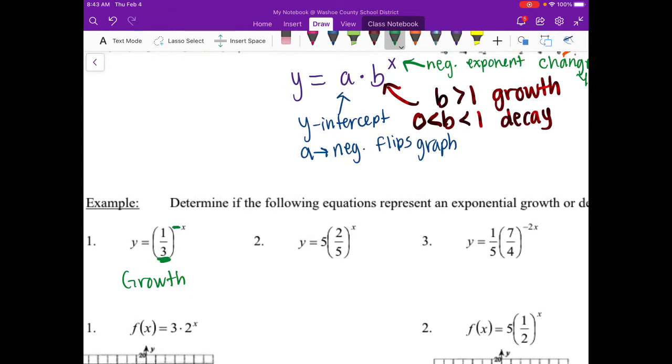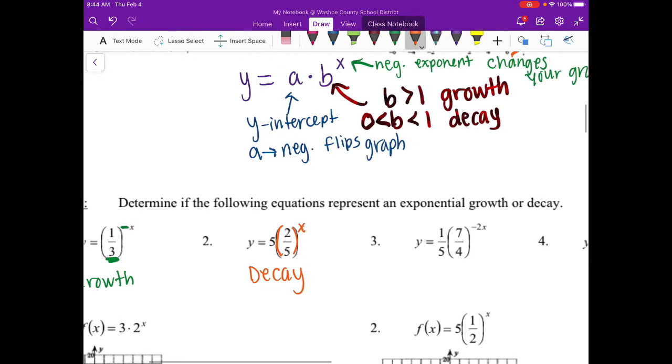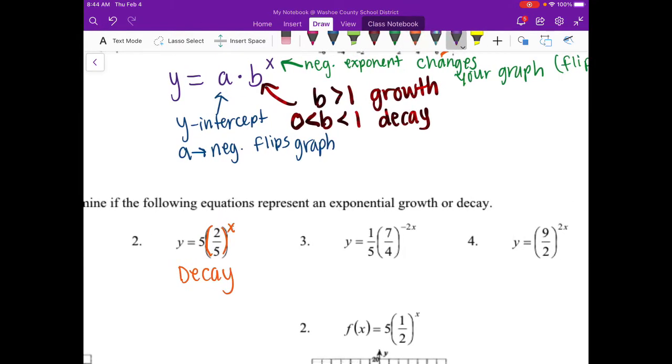Okay, then here, be careful with the parts of the equation. So the part that is being raised to that x exponent, that's what we want to focus on, not the 5 in front of it, just that fraction. So in this case, this is displaying a decay because that fraction is less than 1. This one here, we have a fraction, 7/4 is greater than 1.